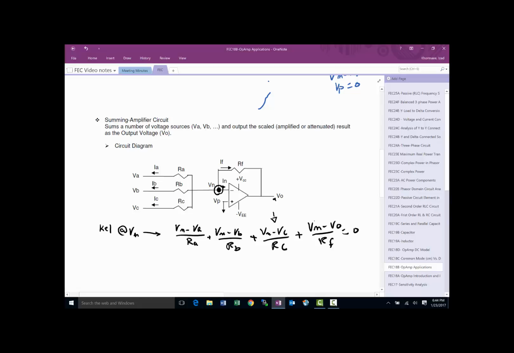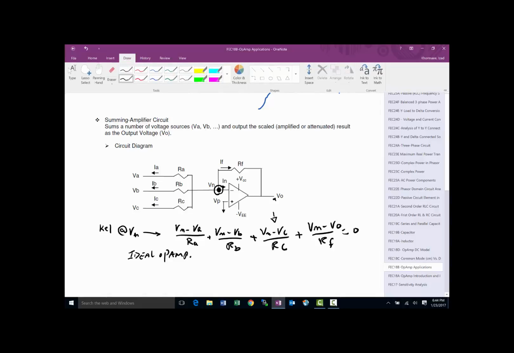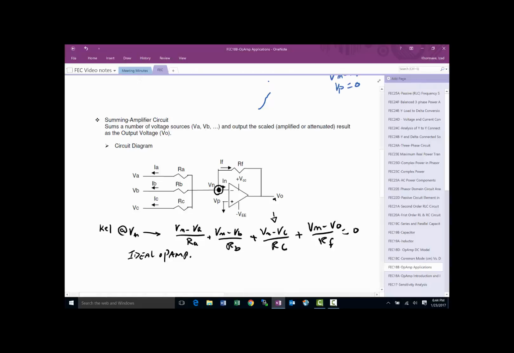Again, much like we've talked about before, this is the ideal OpAmp model. And since it's an ideal OpAmp model, as we talked before, Vp is equal to Vn. And since Vp is connected to ground, that's equal to 0. And of course, I didn't even write In because In is equal to 0. So that means all of these go away. See that?